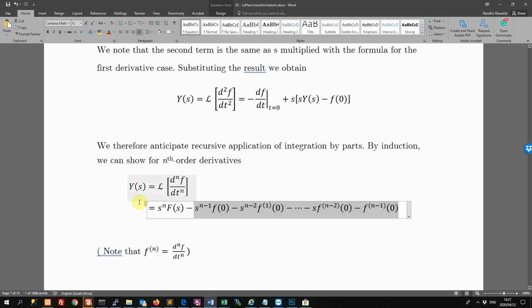So you can now evaluate the nth order derivative, and again, we are getting a nice algebraic form here. So all the derivatives disappear, leaving us with, there is one f of s, and this one is easy to get, right? If we know the function f, then we can find this, we can find the transform.